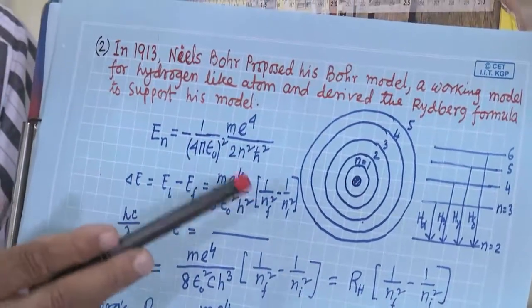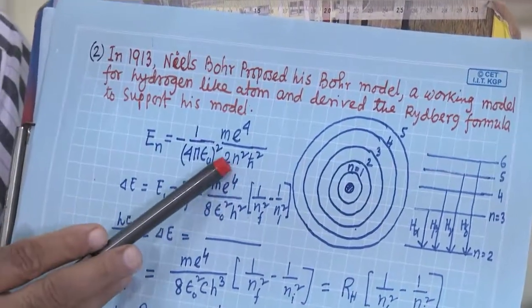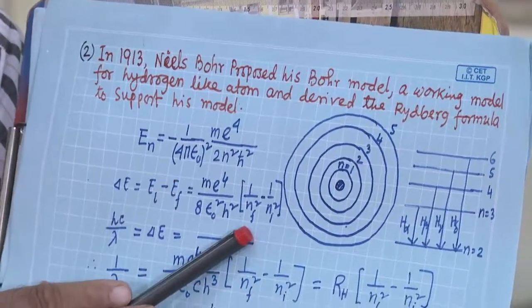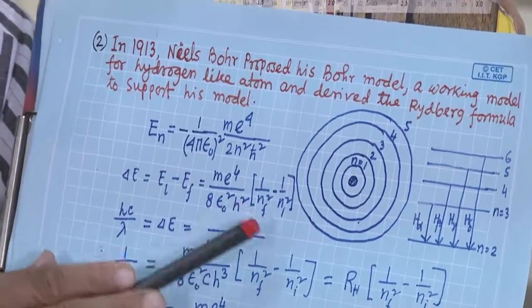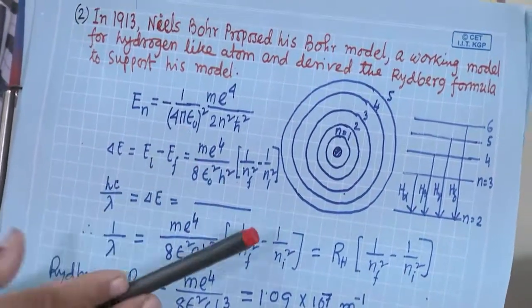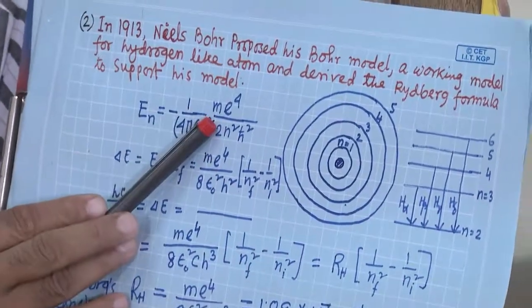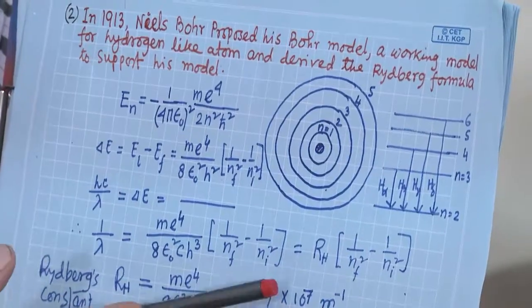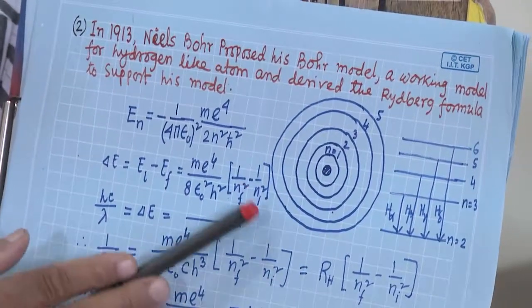Later on it was also corrected for use with multi-electron systems like helium, lithium, then beryllium, so for other atoms.